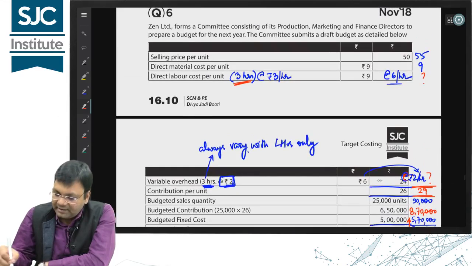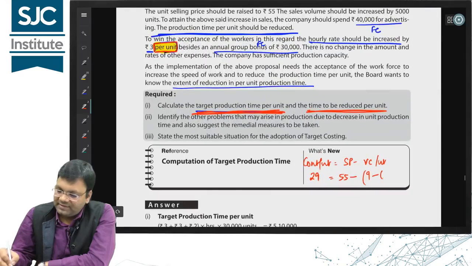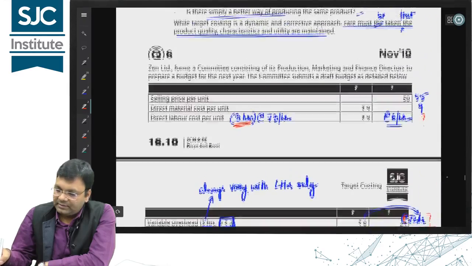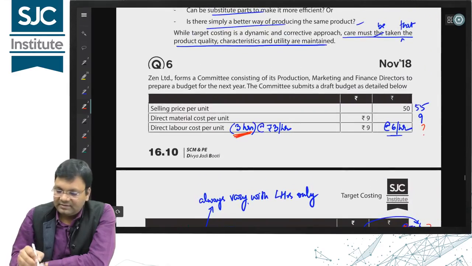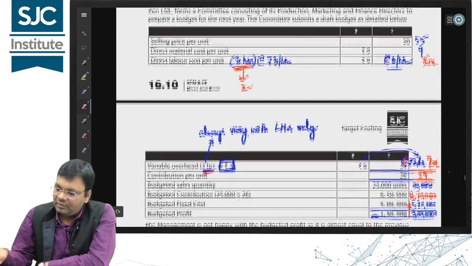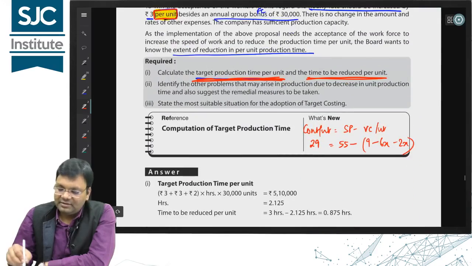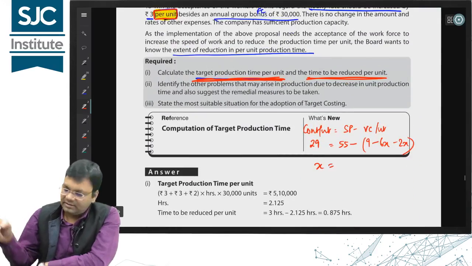Don't take the rate here as 6 rupees per unit; rate will be rupees 2 per hour, because the hour is going to change here. So let that hour be x. Labor cost will be 6x and variable overhead cost will be 2x. If instead of 3 hours we assume the revised hours as x, the new rate is 6, so this will become 6x, and here the rate is 2 only, so this amount will become 2x. So you can say 55 minus 9 minus 6x minus 2x is equal to 29. Can you tell me the answer for x?